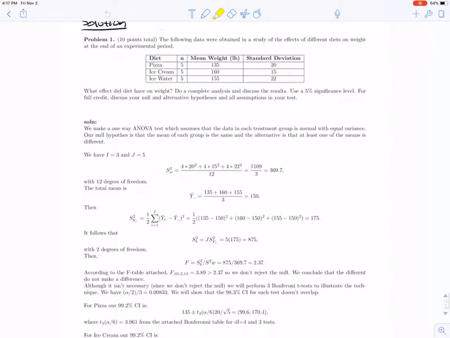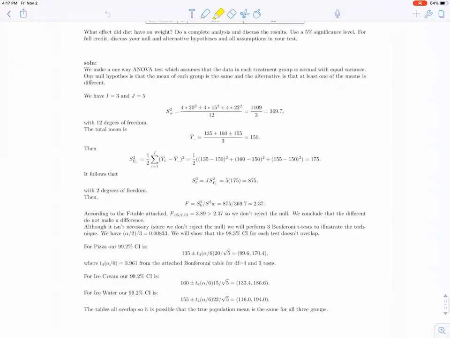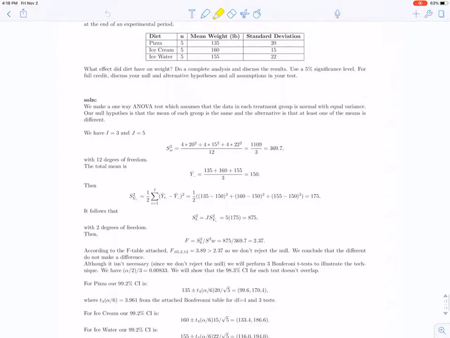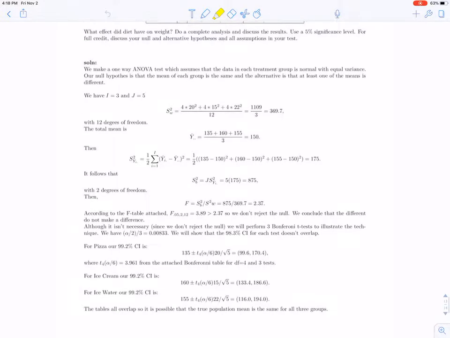So to solve this, we calculate the average variance of the 3 groups, and this has 12 degrees of freedom, which is the sum of the J_i minus 1. So that's 4 plus 4 plus 4. And the total mean is just the average of the 3 means given, because all the sample sizes are the same.